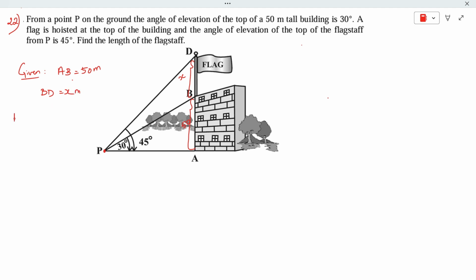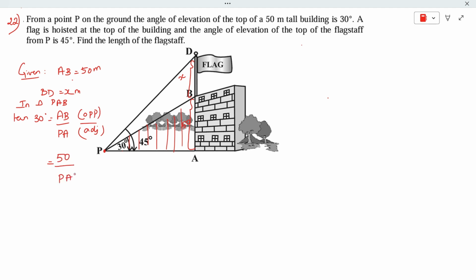What I know from the figure, in triangle PAB, I'm talking about this triangle, tan 30 degree is equal to AB by PA. Why AB by PA? Because AB is opposite by adjacent, isn't it? So AB is 50 divided by PA.